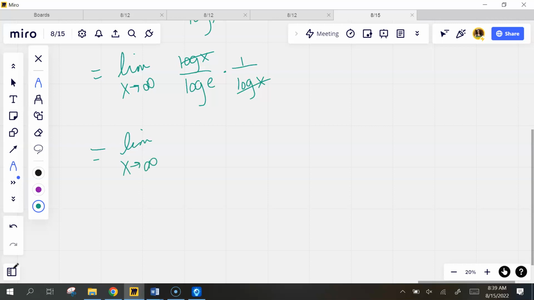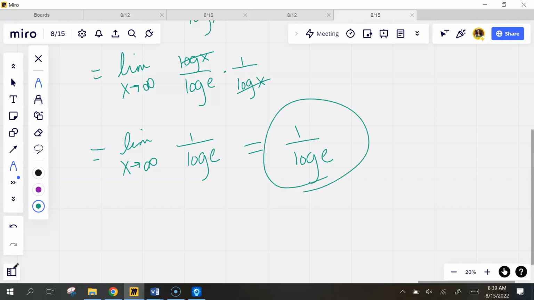There's no x. What does that mean when there's no x? It's a constant. What's the limit of a constant? The constant itself. You can get a value for that on your calculator, or you could leave it exact just like that.